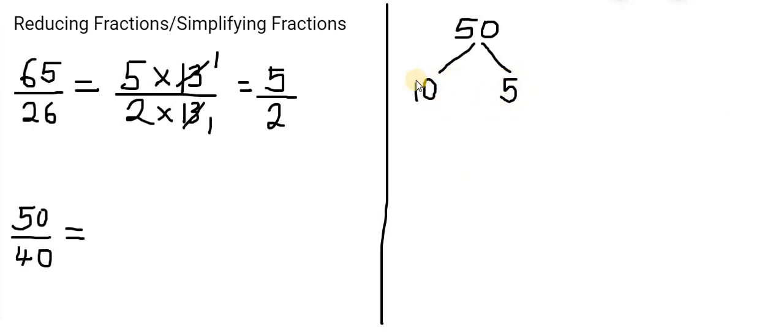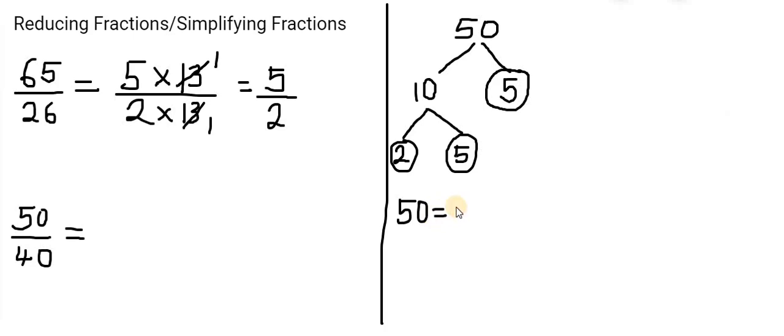Now, that's not all the way broken down. 5 is a prime number, 10 is not. So 10 ends in a 0, so 2 is an automatic factor. 10 divided by 2 is 5. Those two are prime numbers, so I circle them. So 50 is equal to, gather all the circled numbers, 2 times 5 times 5.